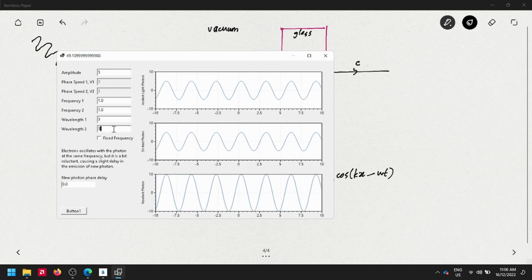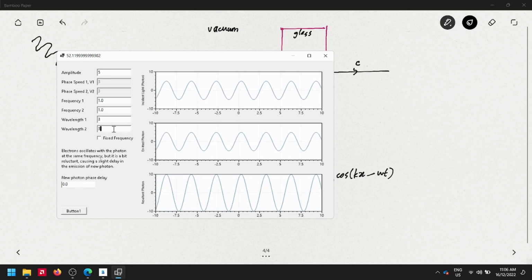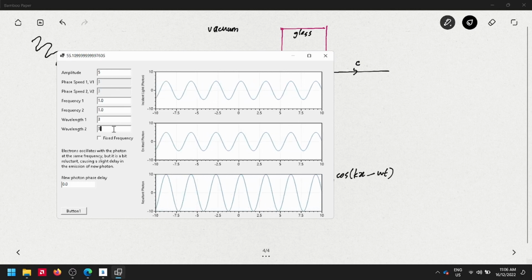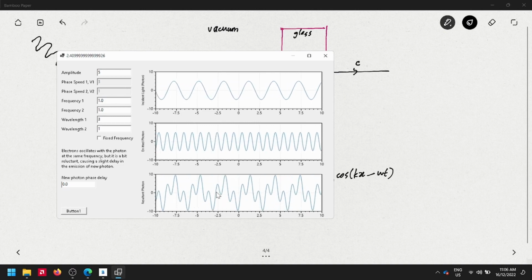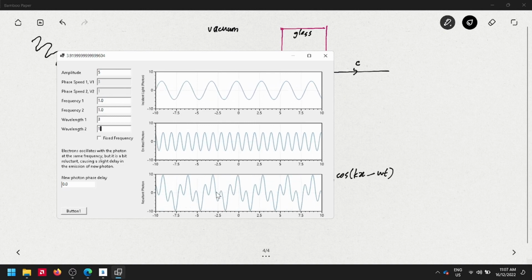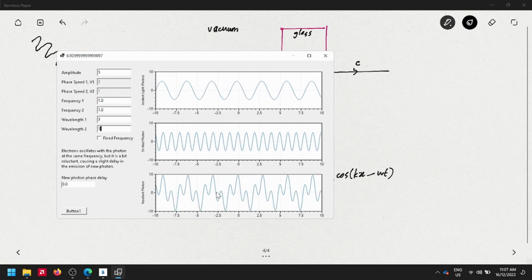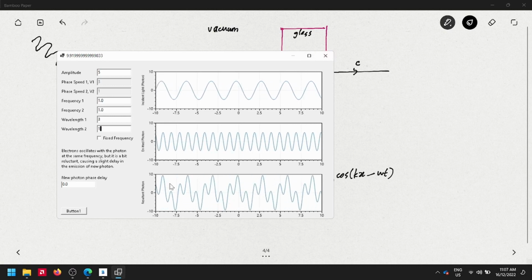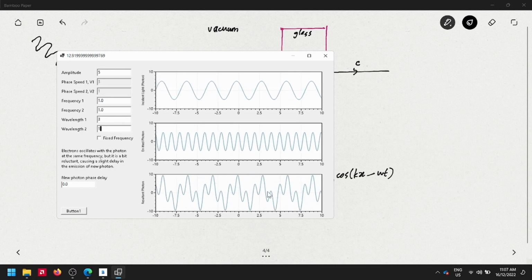Okay, now let's say I change the wavelength of the emitted photon, maybe to 1. So here I have a funny waveform, which is my light, the light that you see when it travels in the medium. The waveform here, the last one, is just an example.